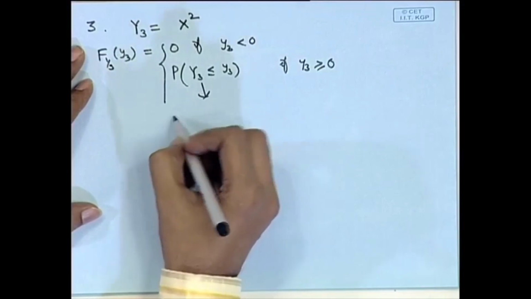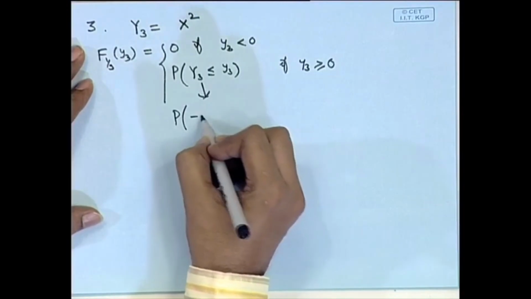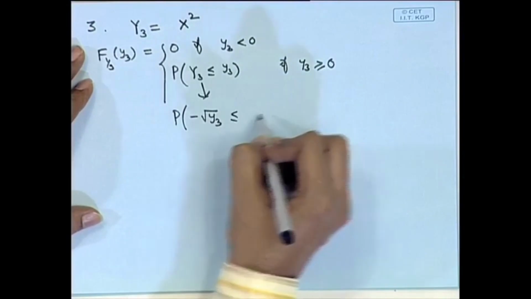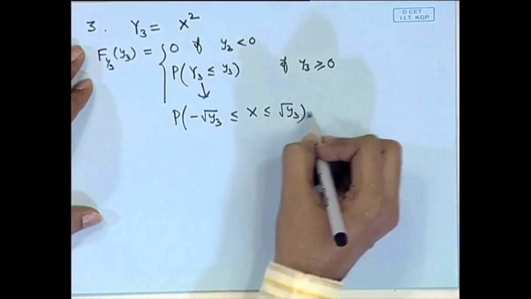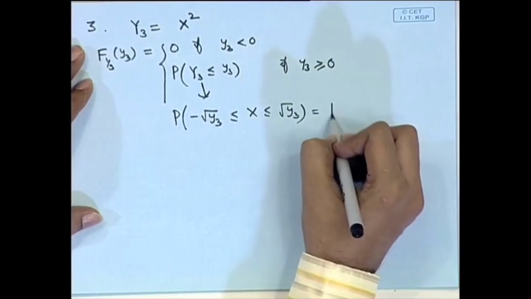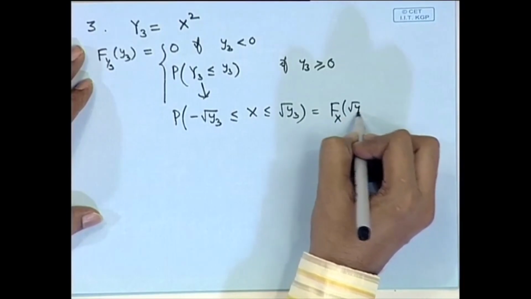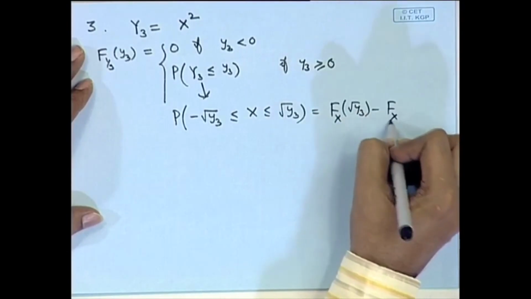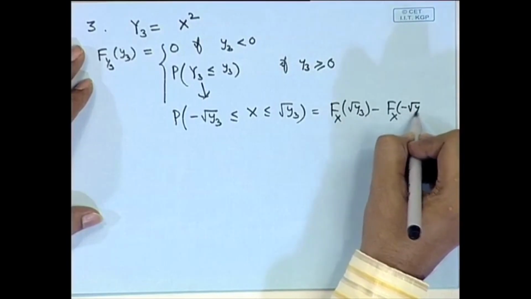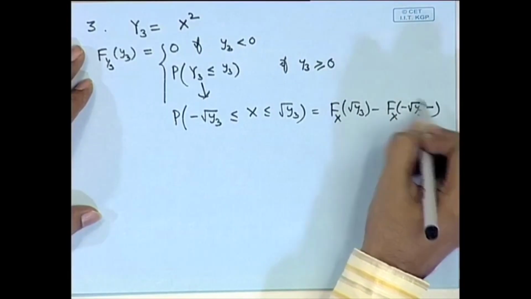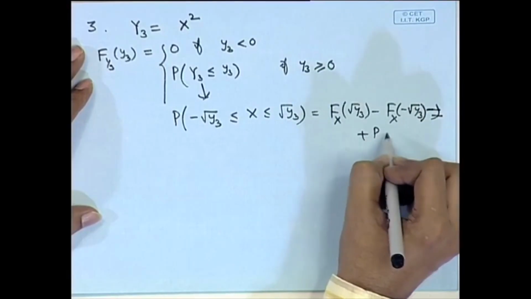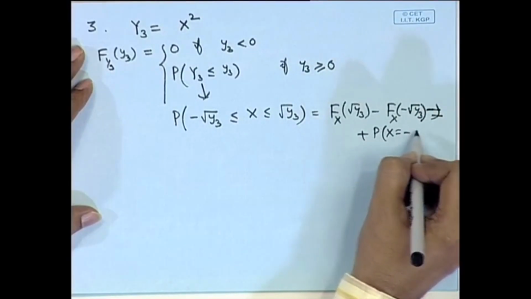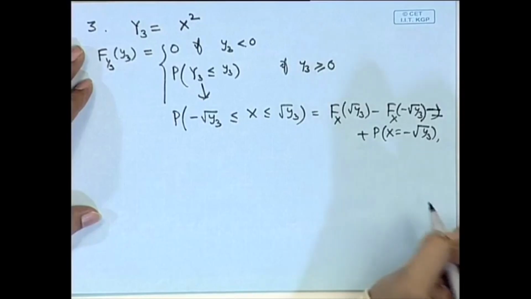Now, this quantity becomes probability of minus square root y3 less than or equal to x less than or equal to root y3. So, that is equal to F of root y3 minus F of minus root y3 minus, that is the left hand limit at this point, which we can express as this plus probability of x equal to minus root y3.